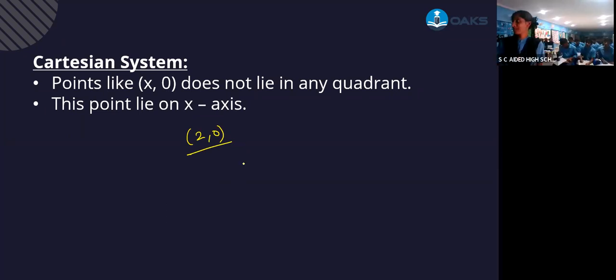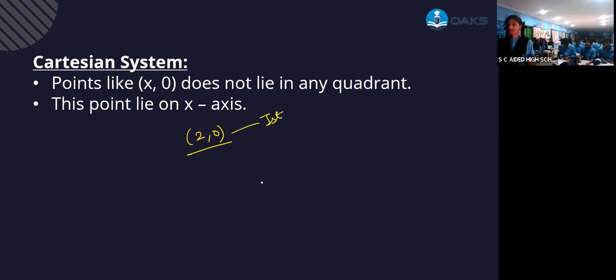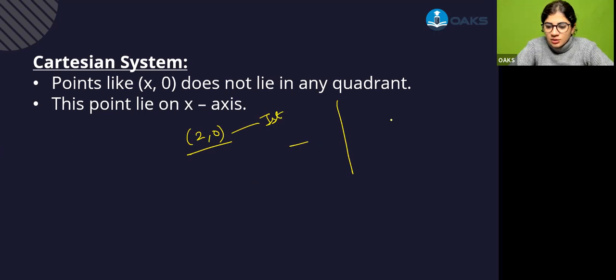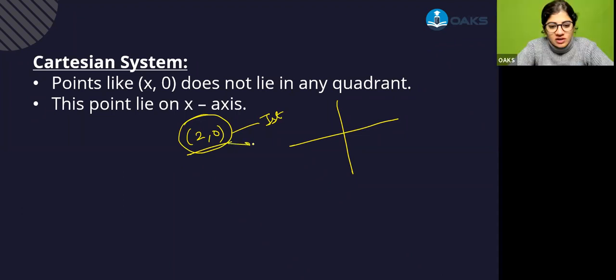First quadrant, ma'am. Okay, you are saying first quadrant. Okay, from school 1, the girl is coming. So school 1, can you tell me in which quadrant this point will lie? Okay, you are also saying first quadrant. Okay, you both can sit down. I'll clear your doubt.